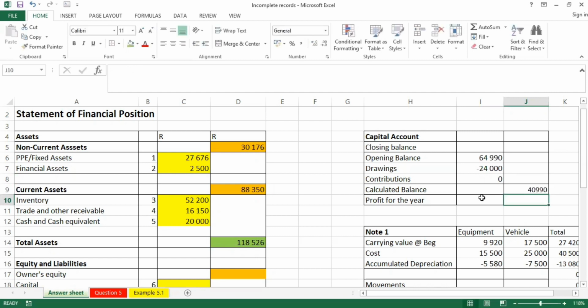And then we have 40,990. So we have our 40,990, and then we're moving on.